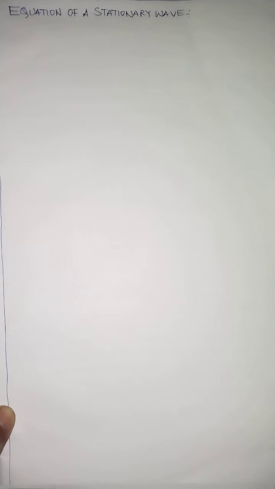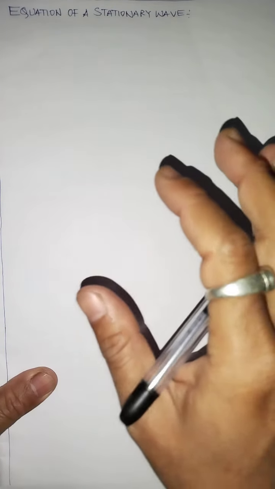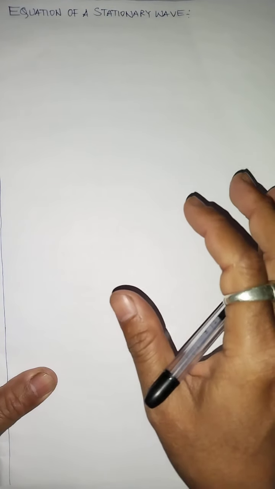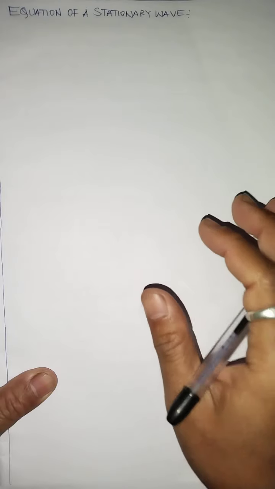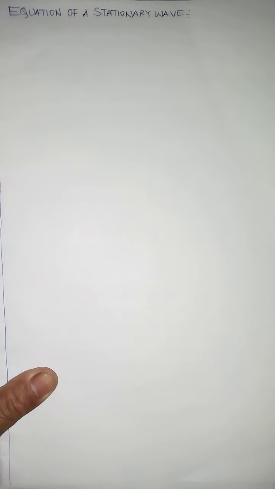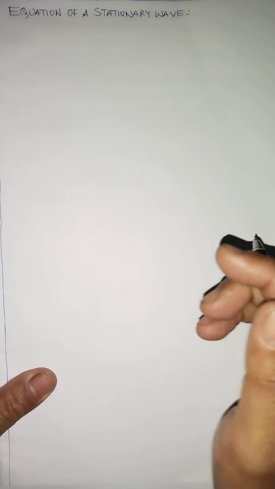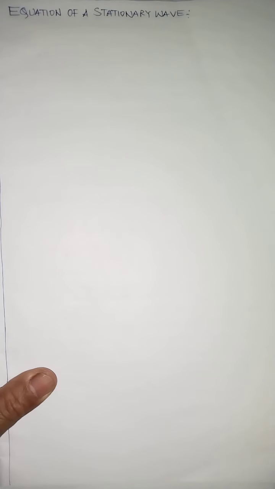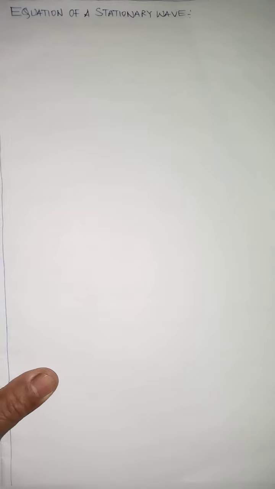Now, in order to derive the equation of a stationary wave, let me start with the plane progressive wave, traveling in a particular direction of the x-axis. It can be the positive x-axis or the negative x-axis, but I consider the wave is propagating in the positive direction of the x-axis.